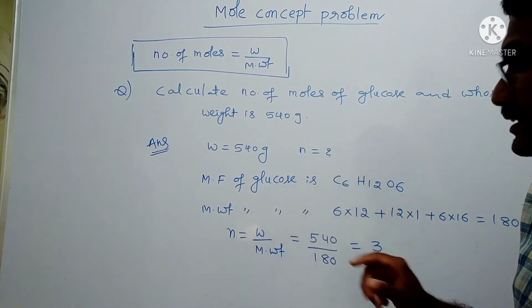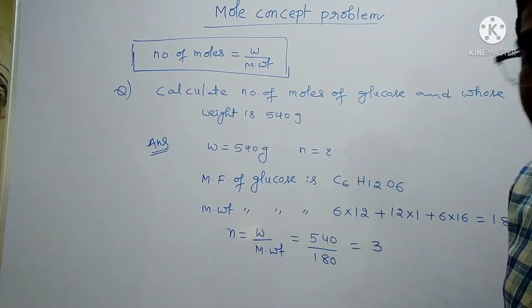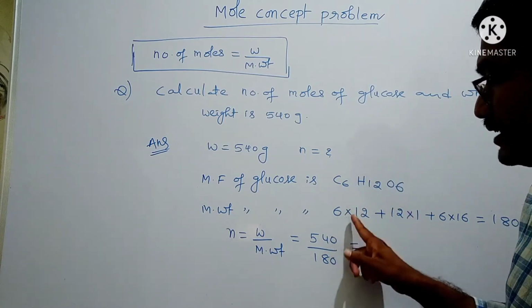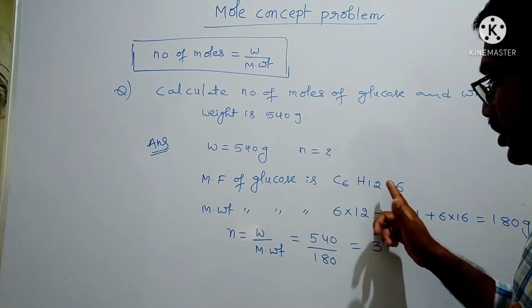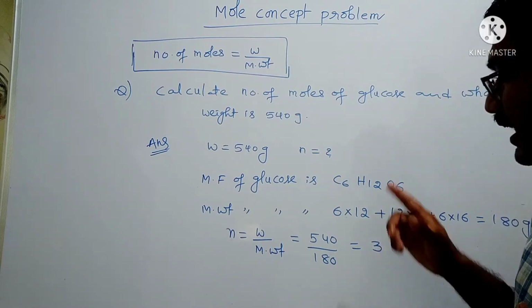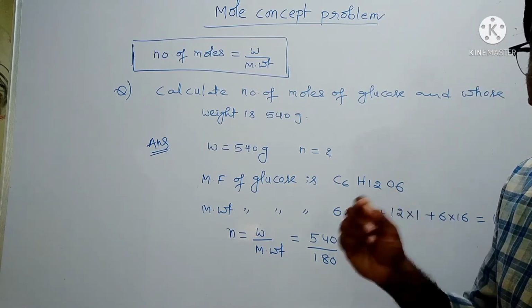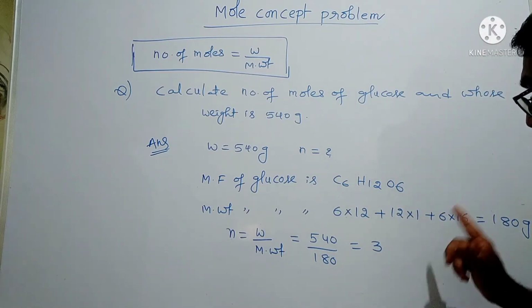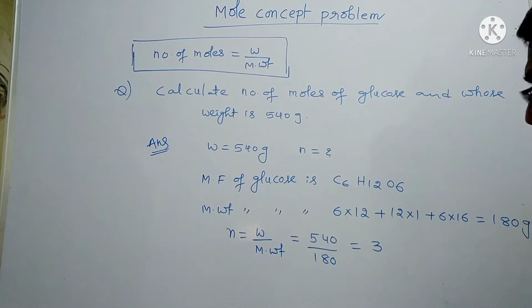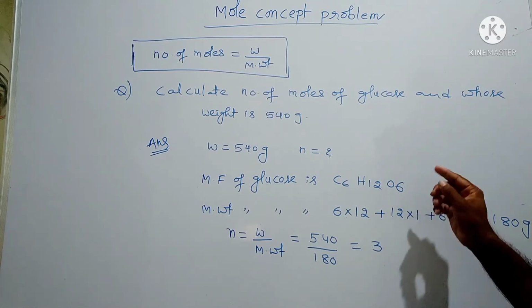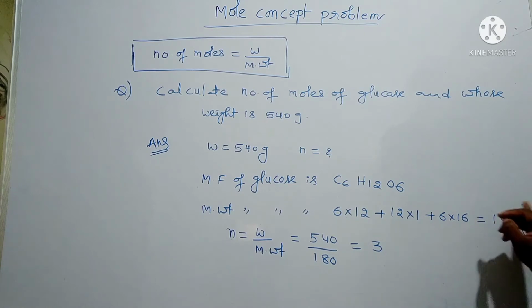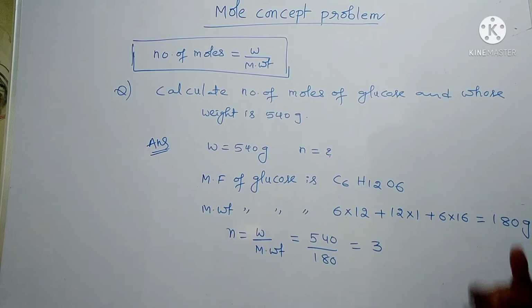So 6 carbon atoms are there, each with atomic weight 12: 6 into 12, plus 12 hydrogen atoms, each with atomic weight 1: 12 into 1, plus 6 oxygen atoms, each with atomic weight 16: 6 into 16. That is equal to 180 grams. This is the molecular weight of glucose.